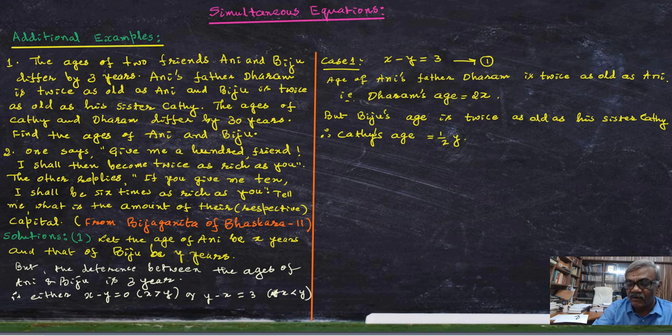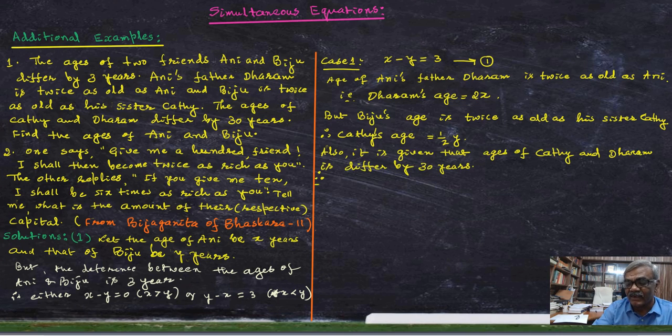Therefore, Kathy's age is half Y, where Y is Biju's age. Biju's age is twice the age of Kathy. It means Kathy's age is 1 by 2 into Y.